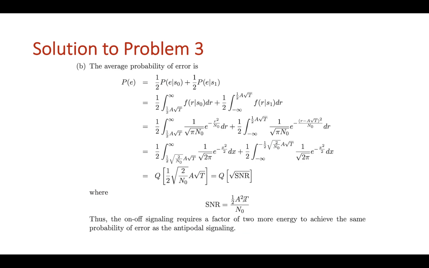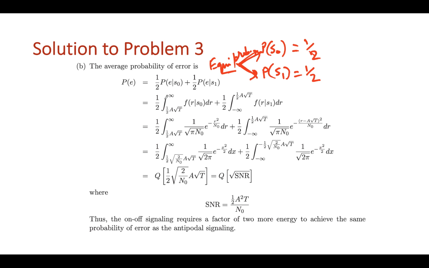Now if you calculate the average probability of error, the two signals are equiprobable. So the a priori probability of S0 and the a priori probability of S1 is half each, because you have two signals which are equiprobable.